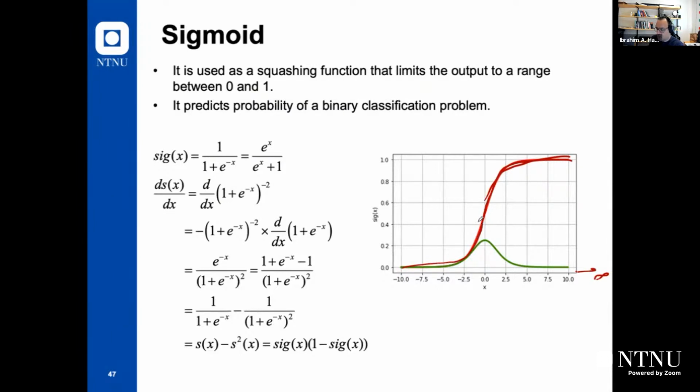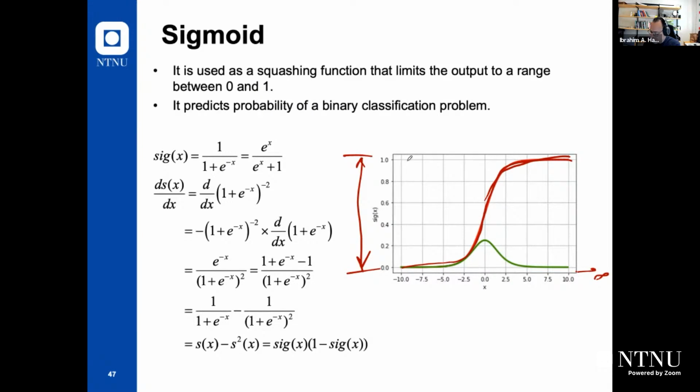So it is used as a squashing function, which limits the output to a value between 0 and +1. So all x values from 0 to infinity and all negative values from -infinity to 0, all those numbers will be squashed into a number between 0 and 1.